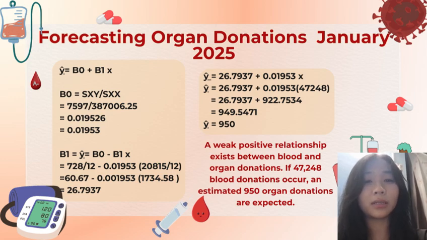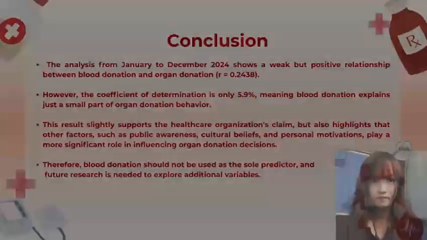Based on the given data, if there are 47248 blood donations, we can expect around 950 organ donations in January 2025. And these predictions show a weak but positive relationship between the two variables, meaning blood donation slightly influences organ donation, but other factors may also play a significant role.